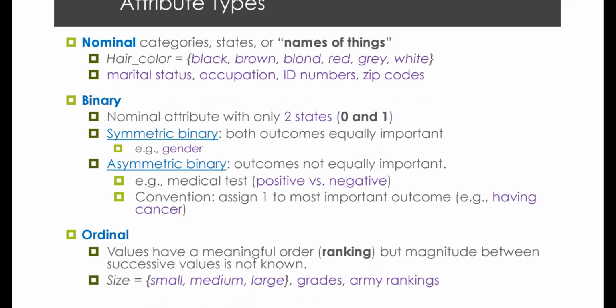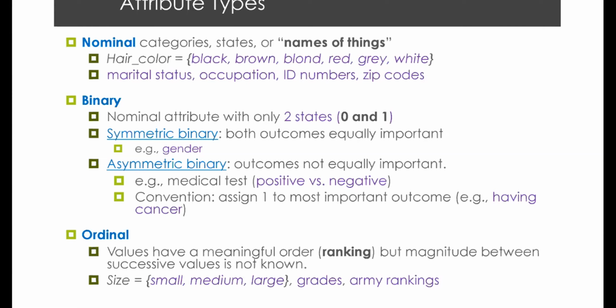In symmetric binary, both outcomes are equally important, like male or female, that is gender. Here both are equally important.